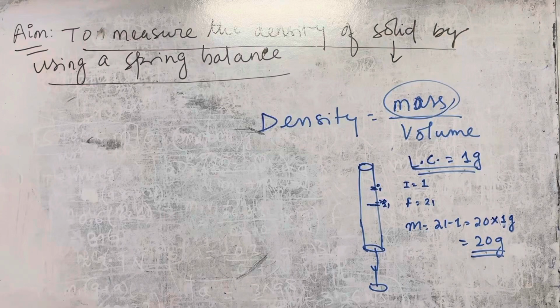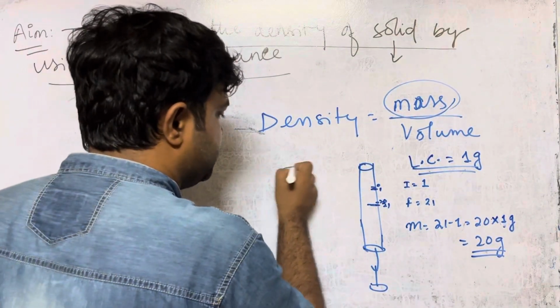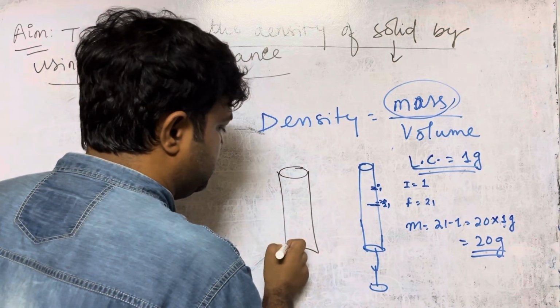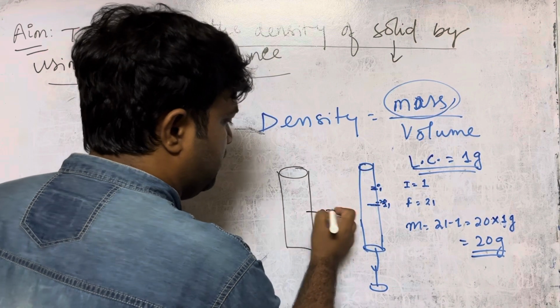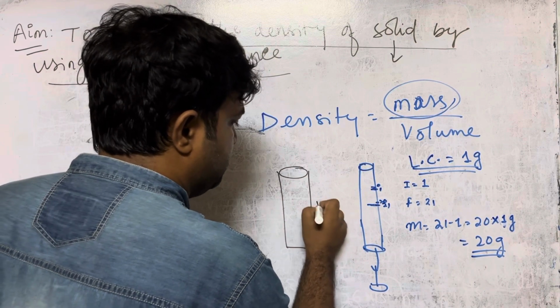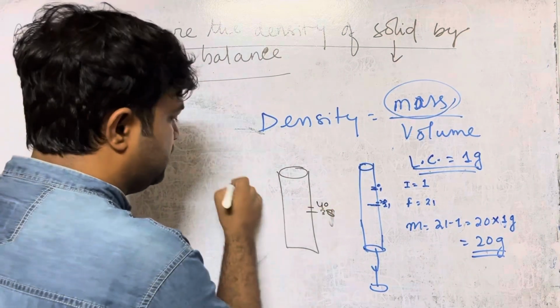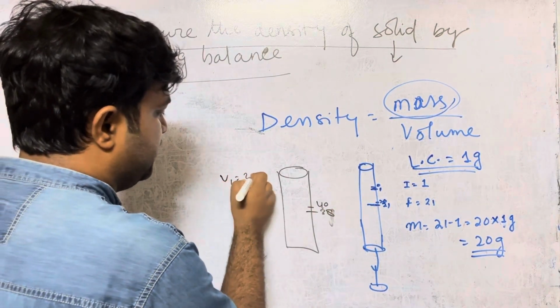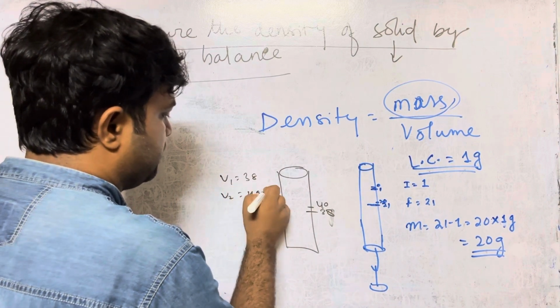So let's go to the board again. We have already noted down the mass. Now with the cylinder, as you have seen, the initial mark was 38 and the final mark was 40. So you will write that initial volume V1 is 38 ml and final V2 is 40 ml.